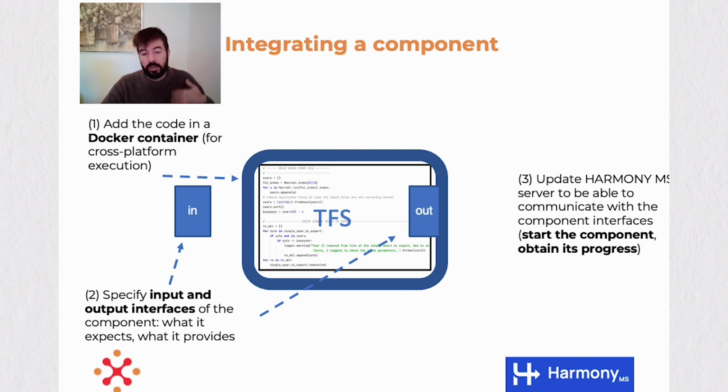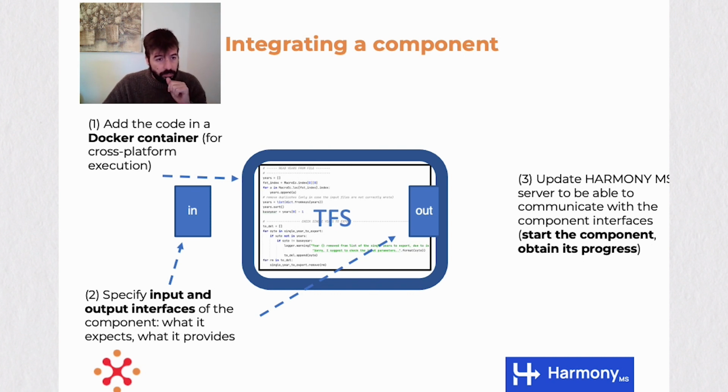Also the progress, because each component actually sends to the platform periodically progress and execution messages about its execution progress, so the user can actually see in the interface how much longer to wait, for instance, for the component to finish its execution.